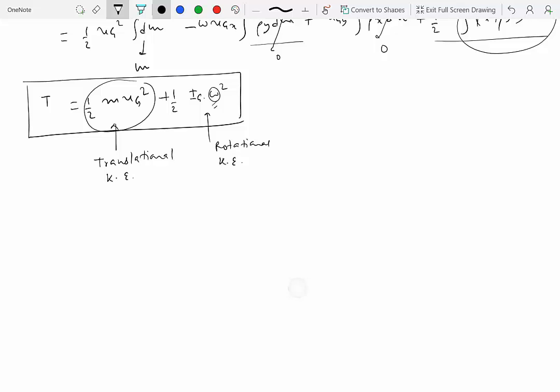Translational kinetic energy arises from the fact that the center of mass of the rigid body has a finite linear velocity, and if that finite linear velocity was 0, then the translational kinetic energy term would drop out. But in general, if you have both translation of the center of mass as well as the rotation of the rigid body, then those 2 terms would add together.